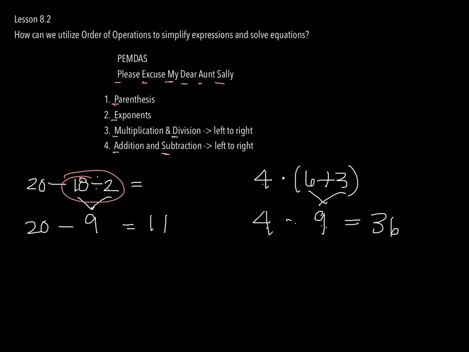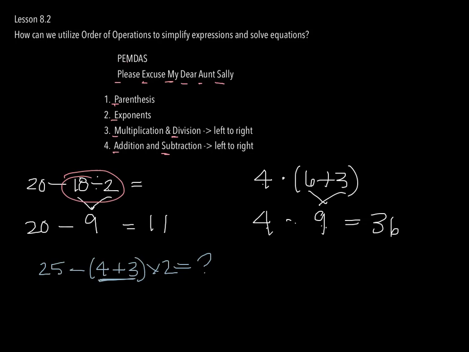Alright, let's look at another problem here. Let's switch colors because we can. 25 less 4 plus 3 times 2 is equal to what? Now, boys and girls, we've made our problem a bit more complex. Where do we start? We start with, please excuse my dear Aunt Sally, the P, which is parentheses.